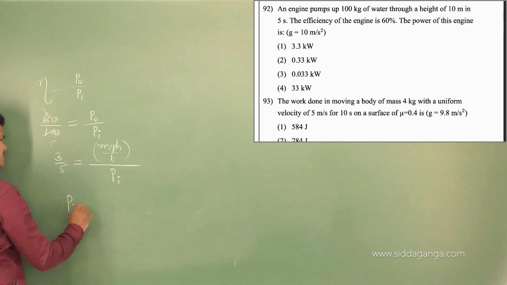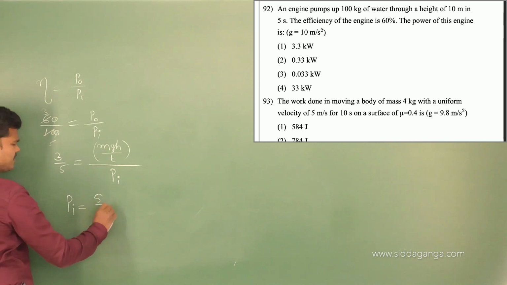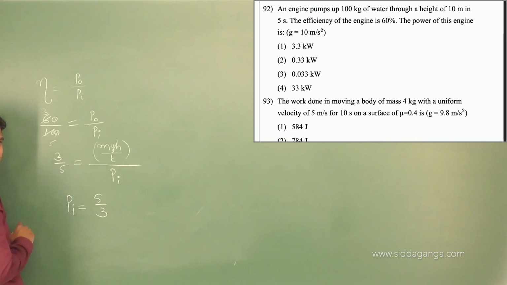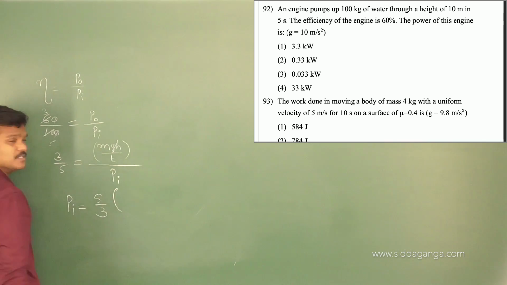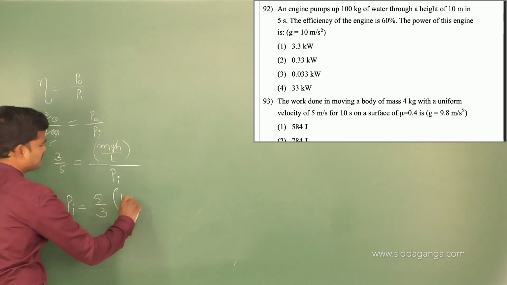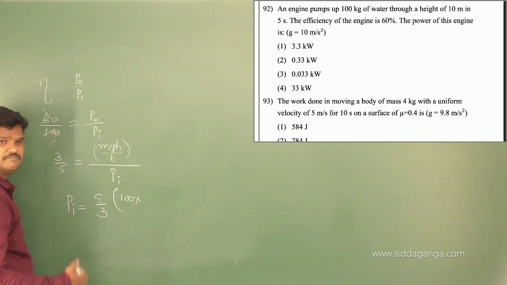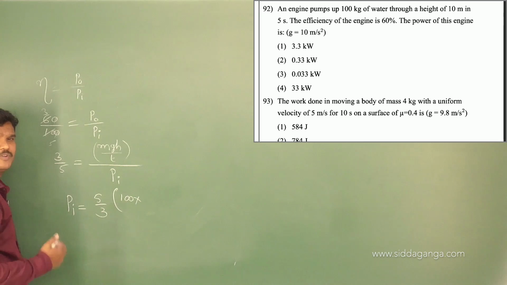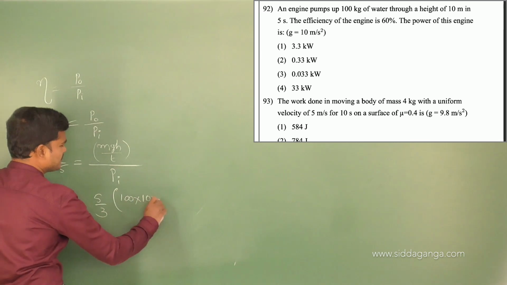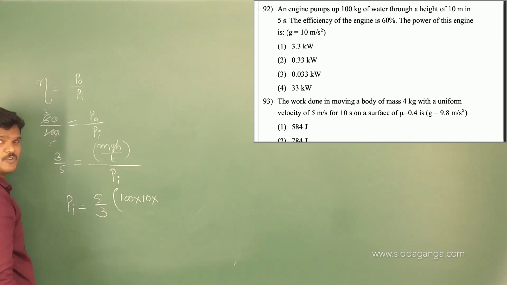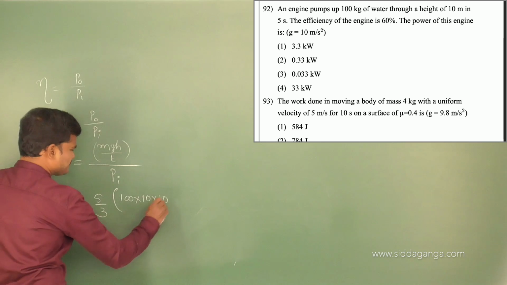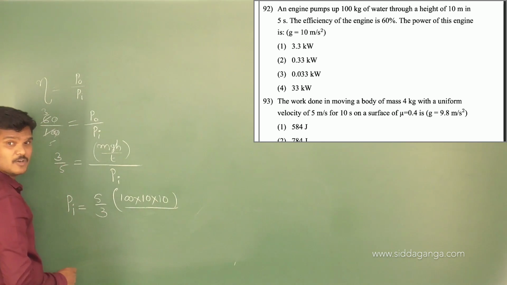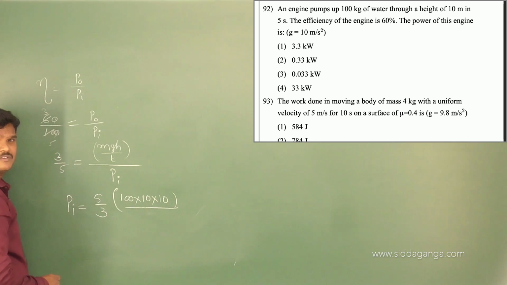So P input is equal to, take 3 by 5 to the right side, it becomes 5 by 3, mgh by t. What is m? 100 kg. G again take 9.8 or 10, anyhow in brackets they have given 10. Height, what height is the water going to take? 10 meter. By time, in how many seconds? 5 seconds.